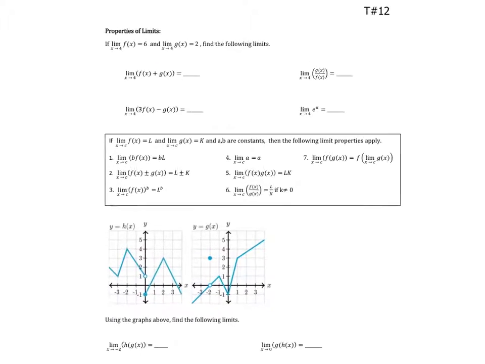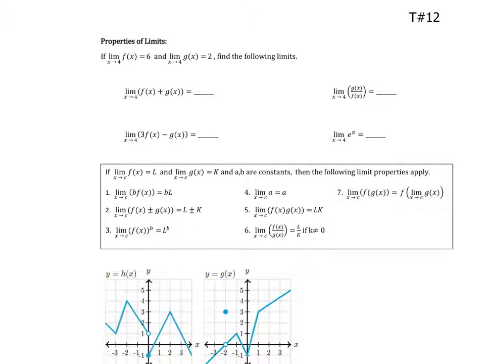Let's look at the properties of limits. Now, I have typed out the properties of limits. Here's the good news with properties. If you do what you think, what is logical, you'll probably get it right. So even without me talking, or even without me looking down below at the typed out limits, if I said, hey guys, you have some function where the limit as x approaches 4 is 6, and you have a different function where the limit as x approaches 4 is equal to 2.